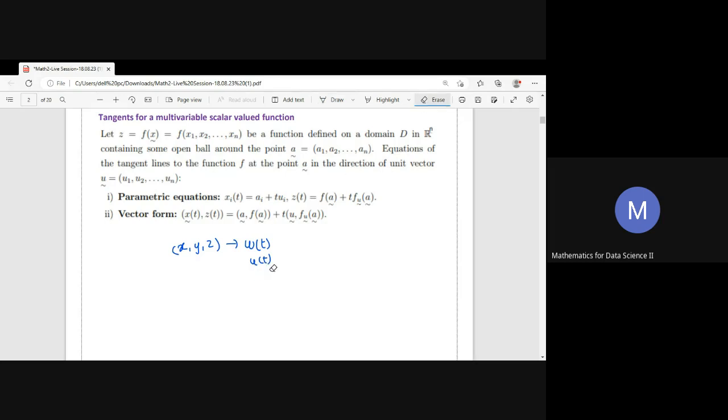So depending on the problem, you should understand what the last variable is representing. Don't always fix that the third coordinate is z. Depending on how many variables you are using in that function, you have to understand what z is.